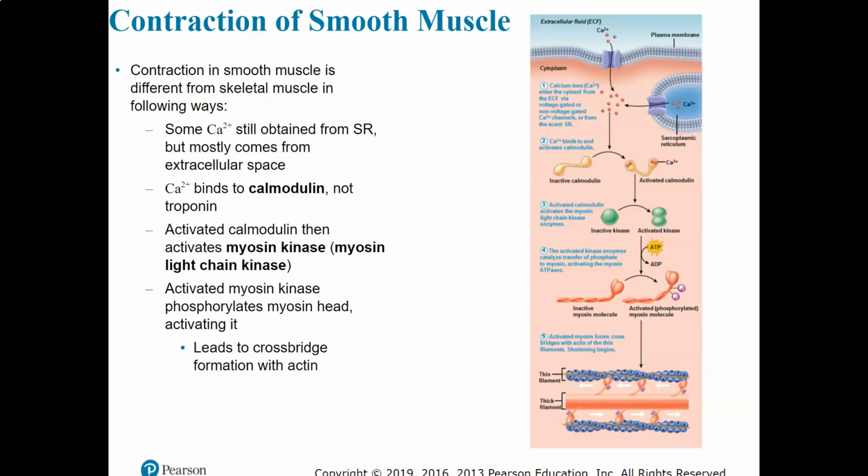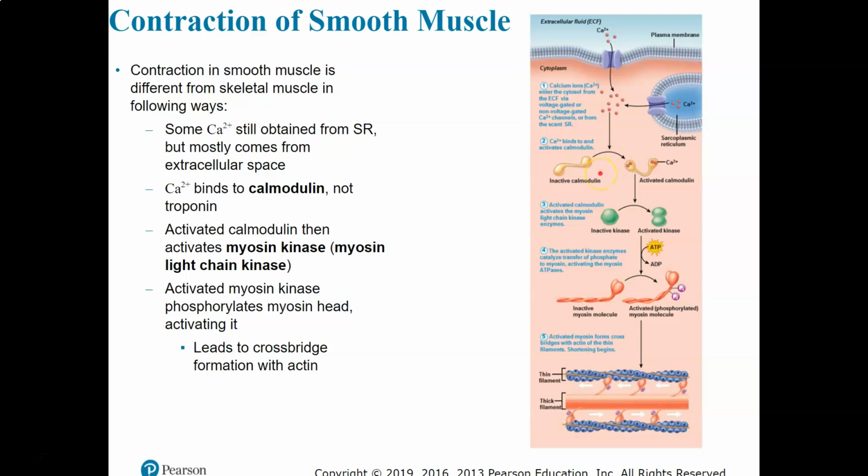When we see a smooth muscle contract, again, we are going to have an electrical signal pass over the plasma membrane of the smooth muscle. That's going to trigger the opening of voltage-gated calcium channels. And most of the calcium is again going to come from the extracellular environment. That calcium is going to bind to calmodulin.